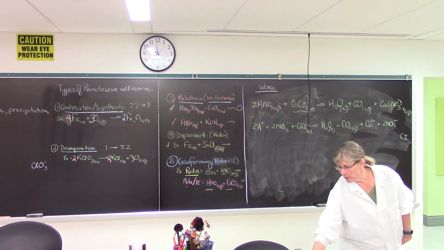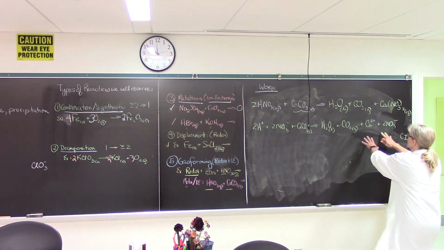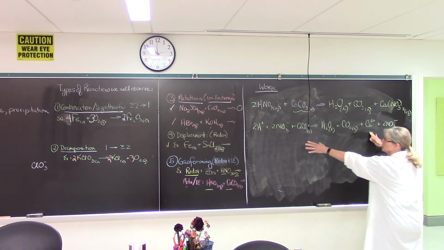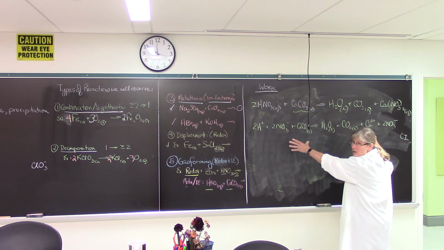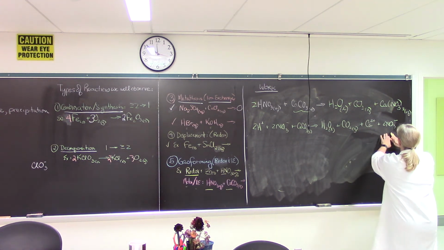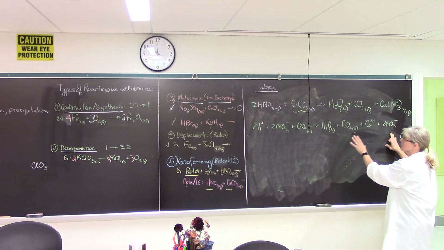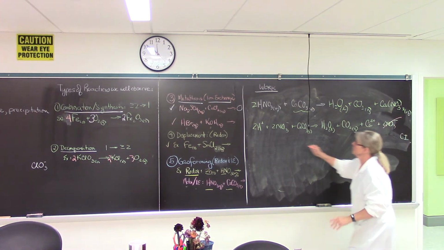So finally, we want our net ionic equation. Starting over here, I have calcium 2 plus, nope. Okay, we'll try this. Nitrate. Yes, I have a nitrate.